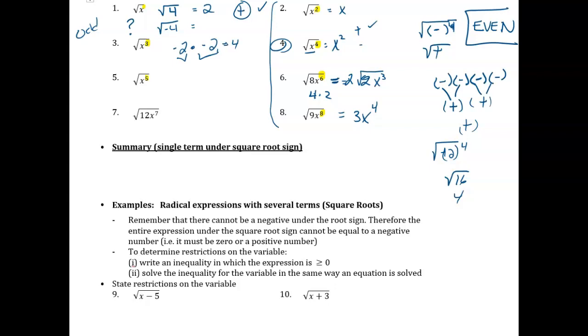So I'm going to ask again, can you do square root of negative 4? Can you do it so that you get one number that multiplies to itself? 2 doesn't work because 2 times 2 is a positive 4. Negative 2 doesn't work because it has to be negative 2 times negative 2. That gives you positive 4. You don't come back with a negative. So this one can be done.